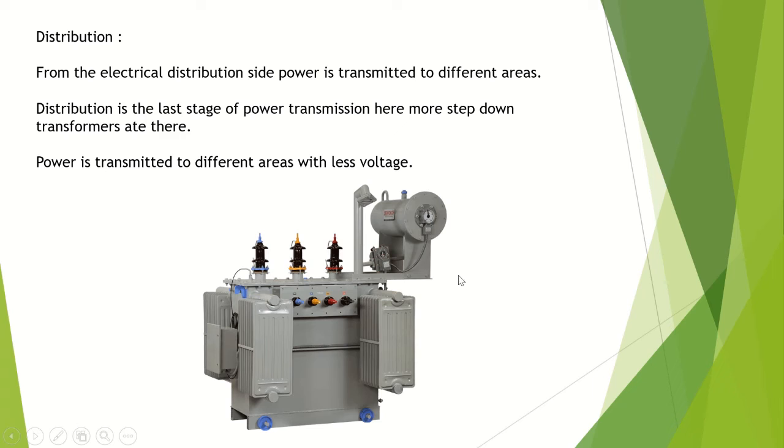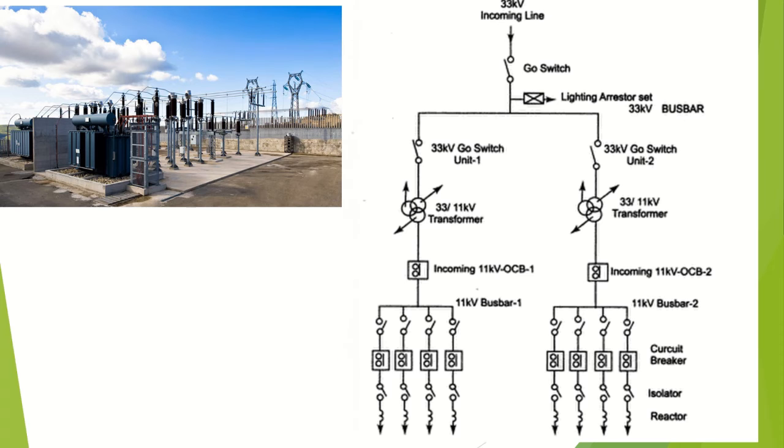On the distribution side, we step down the voltage in order to distribute the power to different areas. See, there are four terminals: R, Y, B, neutral. On the input side three are there. So on the transmission side, only three conductors are there, but on the distribution side four conductors are there, because the customer requires a neutral.